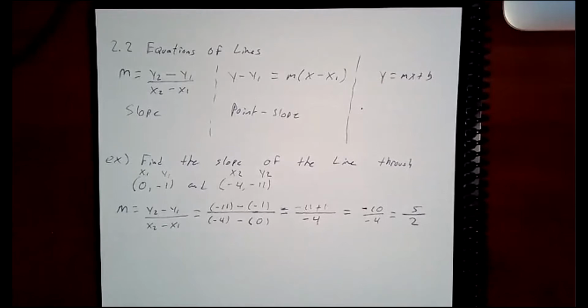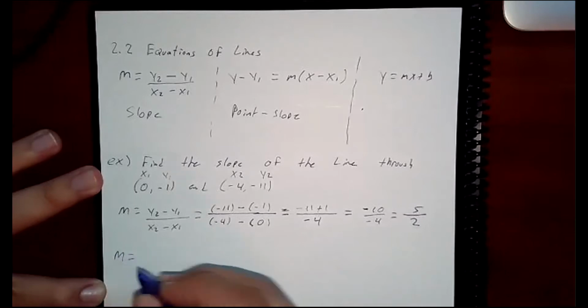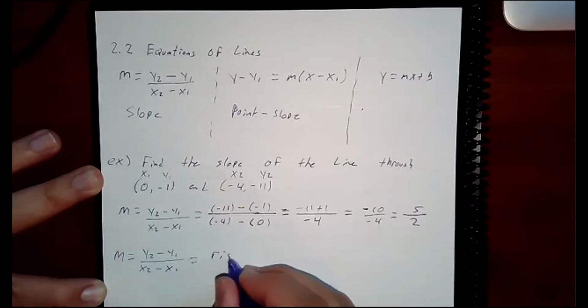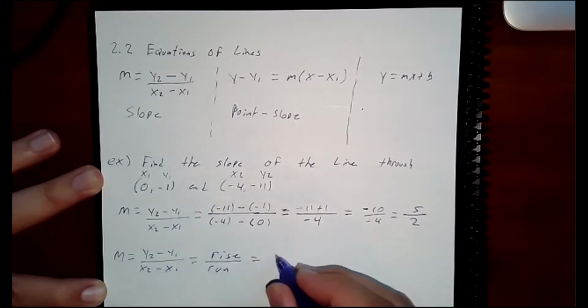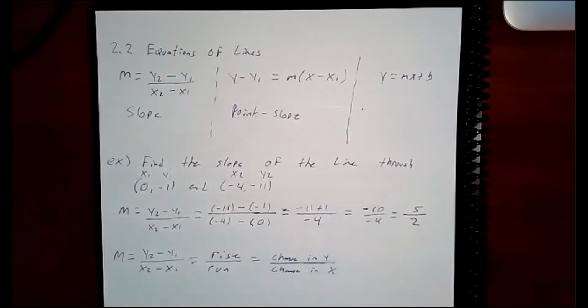Okay. But let's define slope in more detail. So as we said, it's equal to this formula, right? It's also equal to your amount of rise over run, which is also the change in y over change in x.